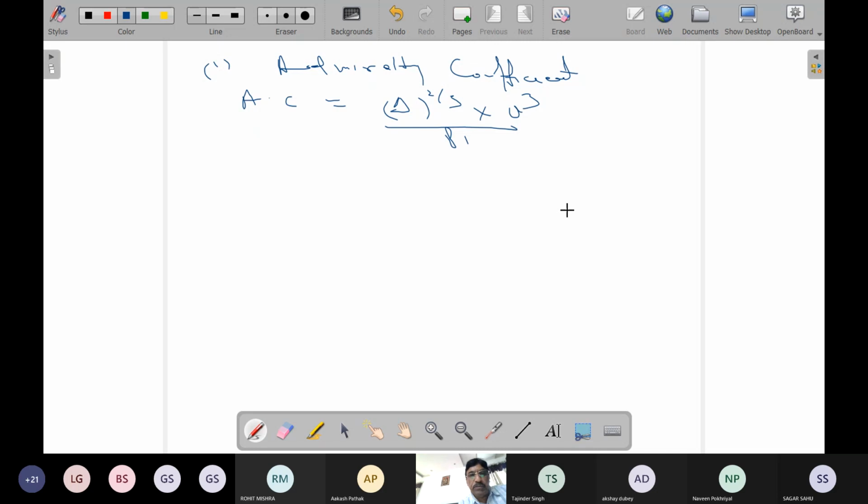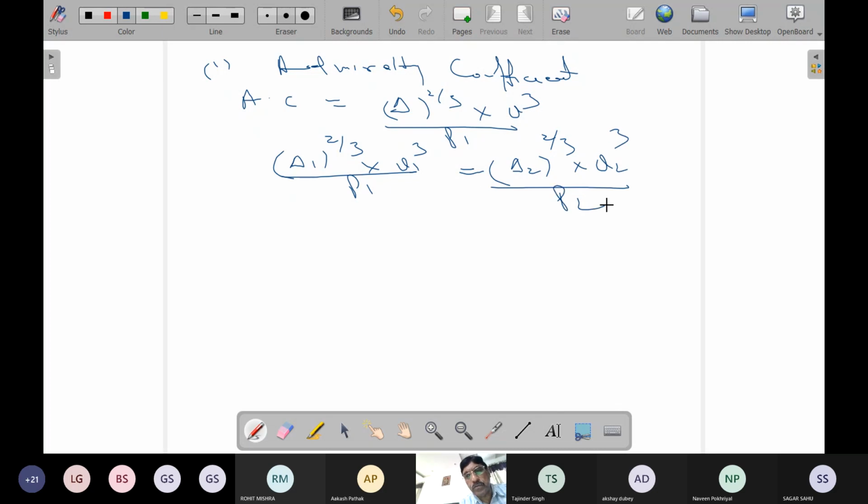And we made use of this by writing it in the form of two sets of conditions: delta 1 raised to power 2 by 3 into V1 cube divided by P1 is equal to delta 2 raised to power 2 by 3 into V2 cube divided by P2. So we have seen that if any one of these parameters is unknown, that can be calculated.